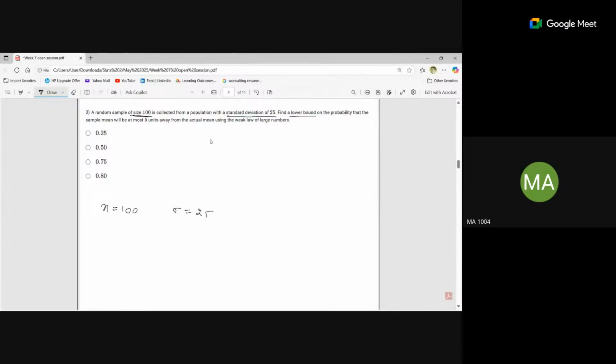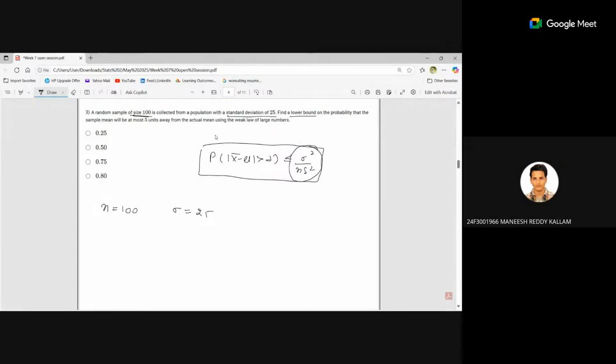If you remember the weak law of large numbers, it tells you which bound, upper or lower? In the equation it's an upper bound.